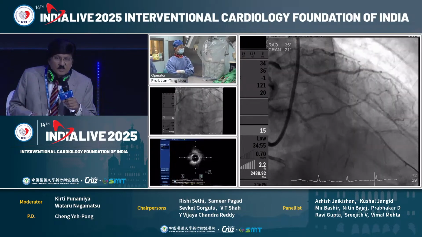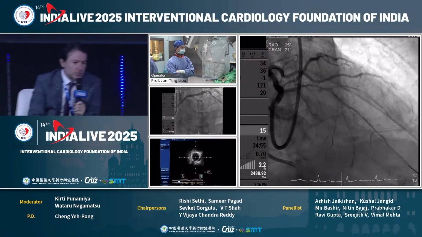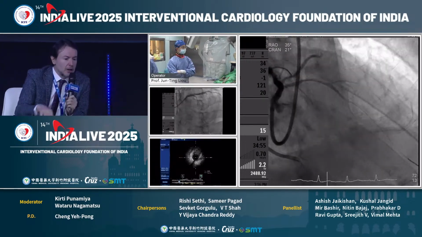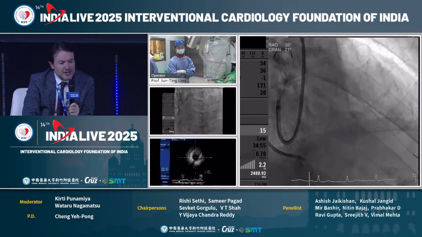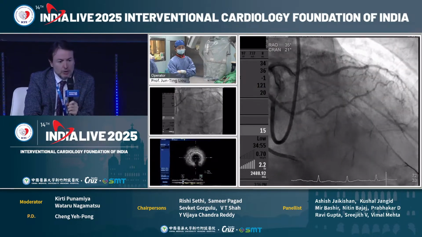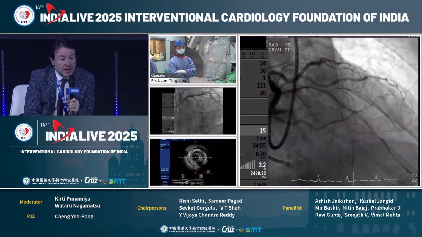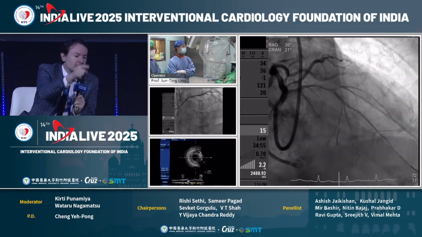Maybe you need a dual lumen catheter for that. And then after ballooning, maybe after IVUS and aggressive predilation, maybe at the ostium a drug-coated balloon could also be a solution.